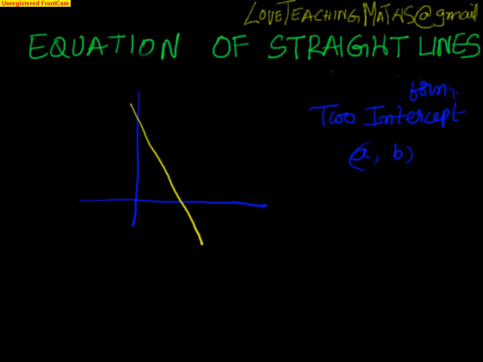Now this is my x-intercept. As I said earlier, this is my y-intercept. This we have discussed earlier. What's the meaning of x-intercept and y-intercept? The points where the line is intersecting the x-axis and the y-axis.